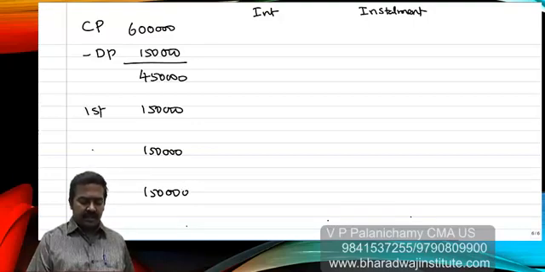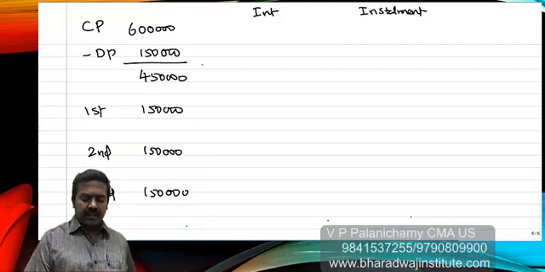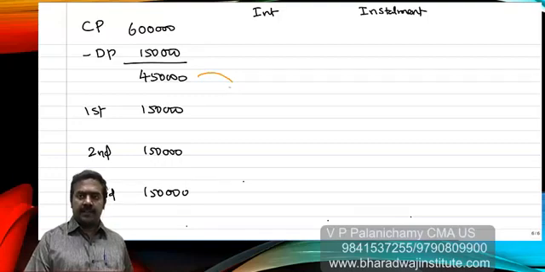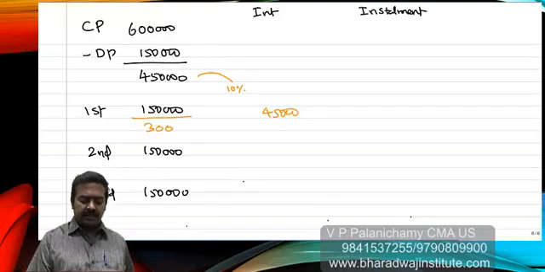First installment, second and third, like that. So interest for the first year will be on this 10%, 45,000. After paying, what is the balance? That into 10%.